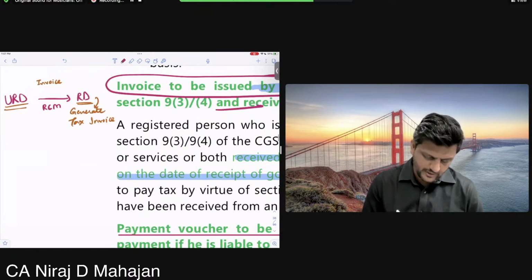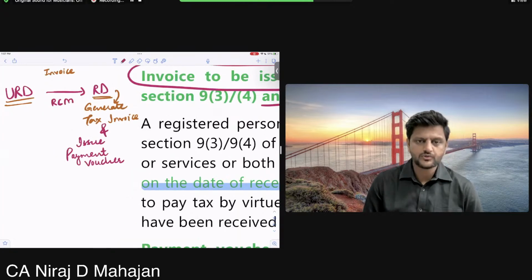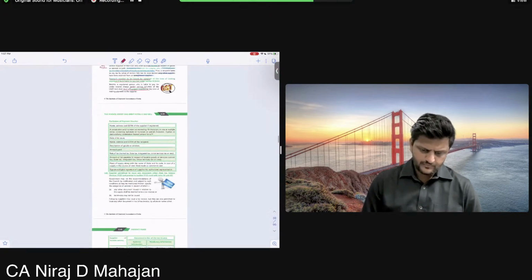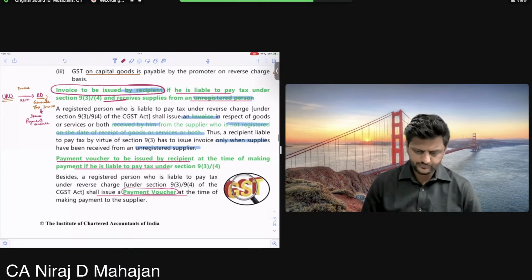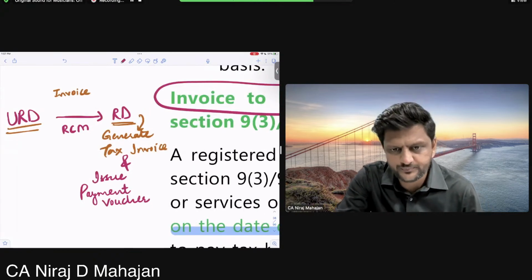Generate tax invoice and issue payment voucher. Write this down. What RD, the recipient, needs to do.